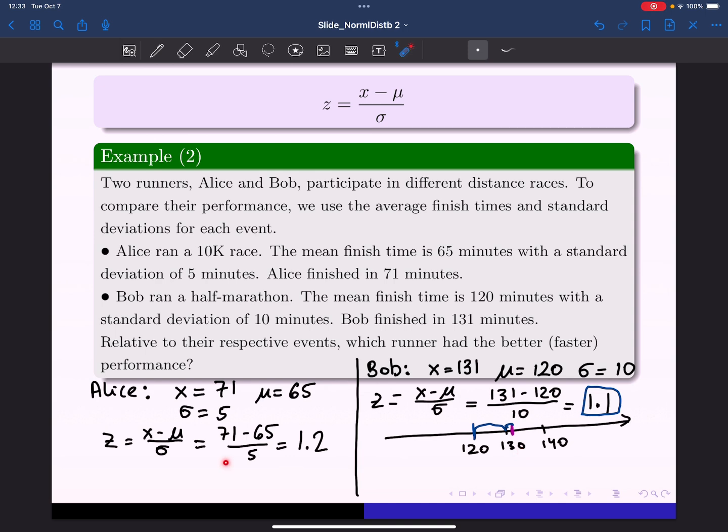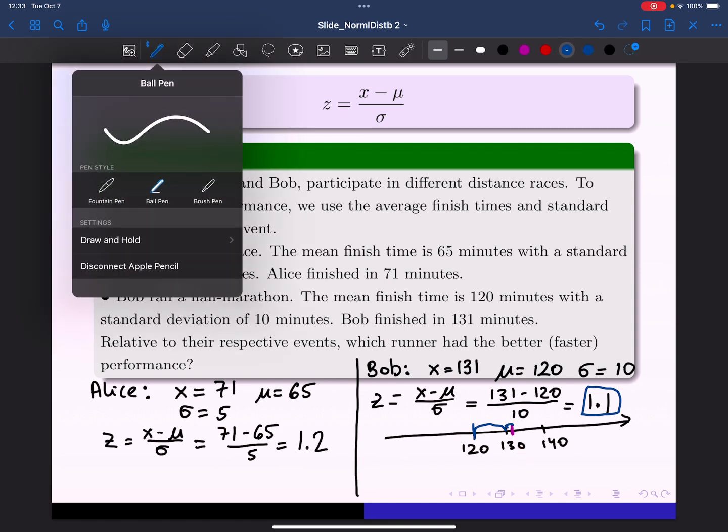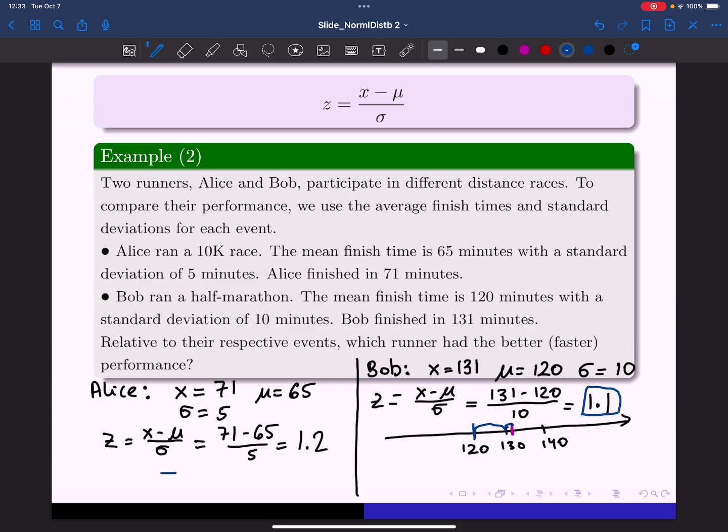For Alice's race, we can do exactly the same. We can put the data on a number line. We have 65. We can go 70, 75, 80, 85. We can list it as 1, 2, 3, 4. So in that case, the given data is 71.